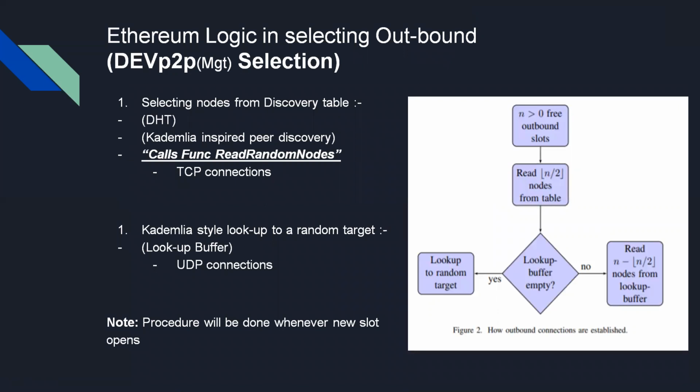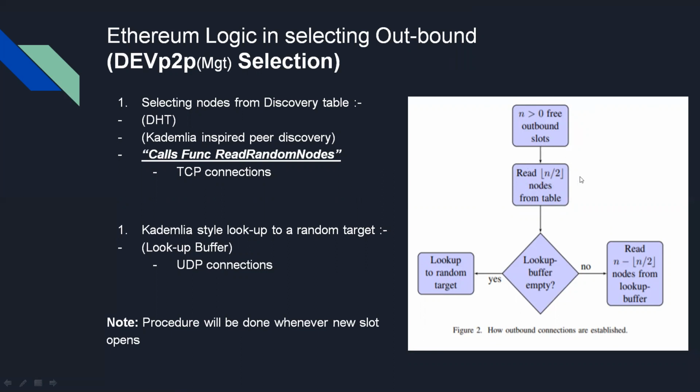DevP2P, which is a session management module, sets outbound connections from two routing tables, namely the discovery table and the lookup table. We'll go through how both these tables are filled and how this works. Before that, let's take a look at this figure.